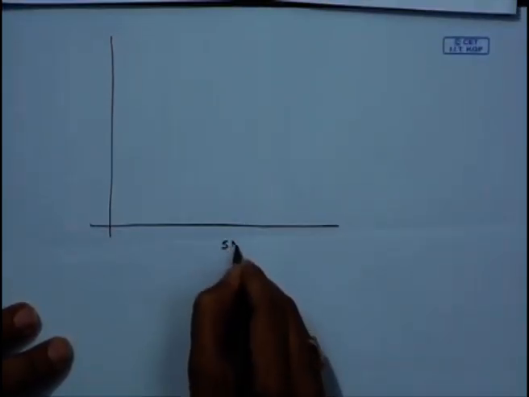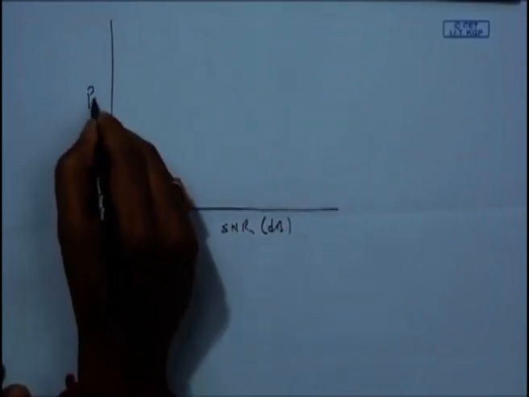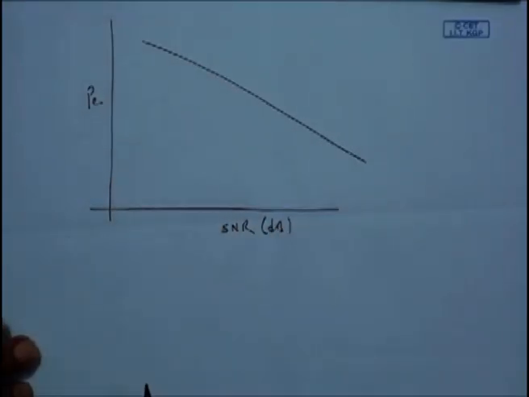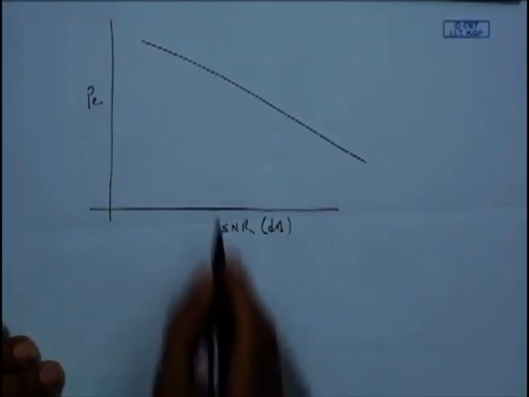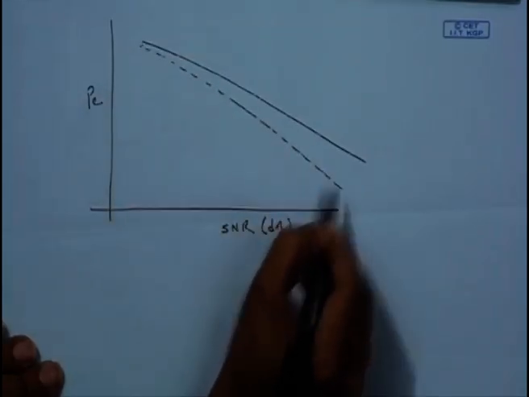If this is the SNR in dB and this is the probability of error, so when there is no diversity, suppose this is the error probability curve, if we have the Alamouti scheme, we are going to get a curve which is going like this.